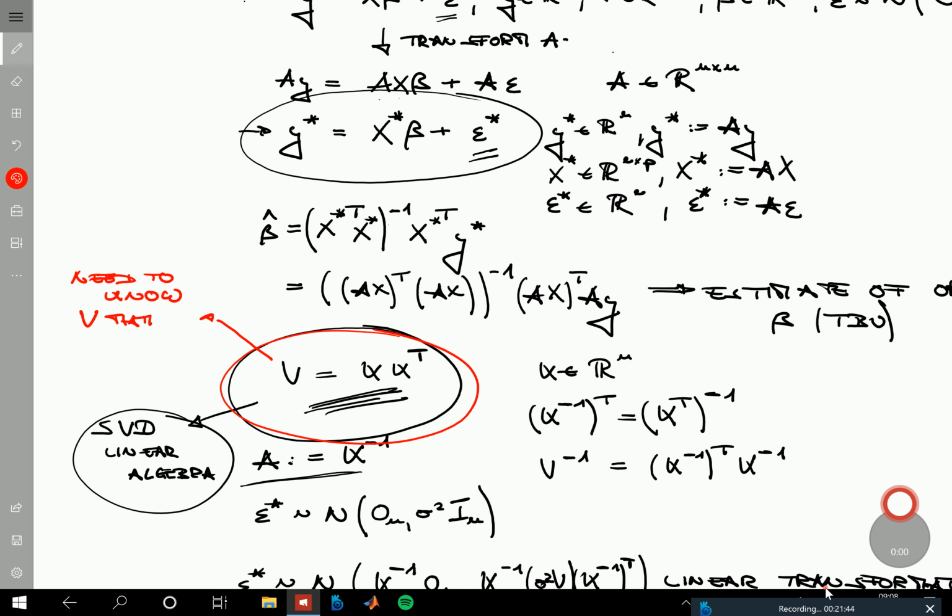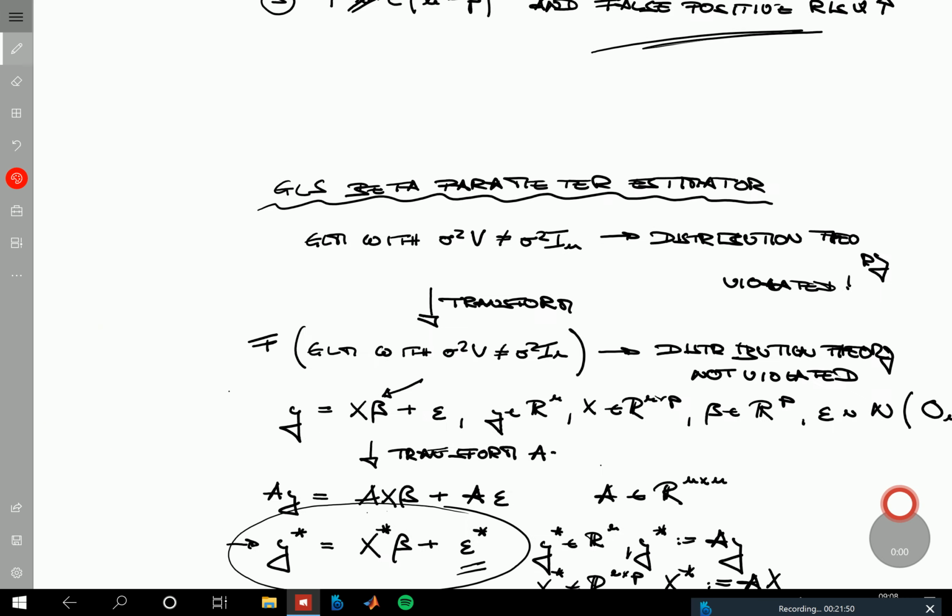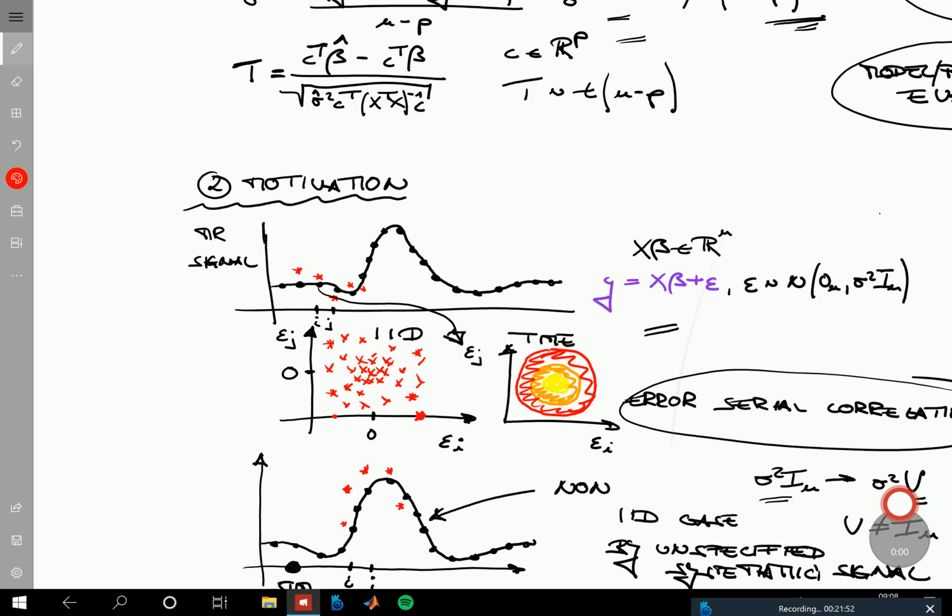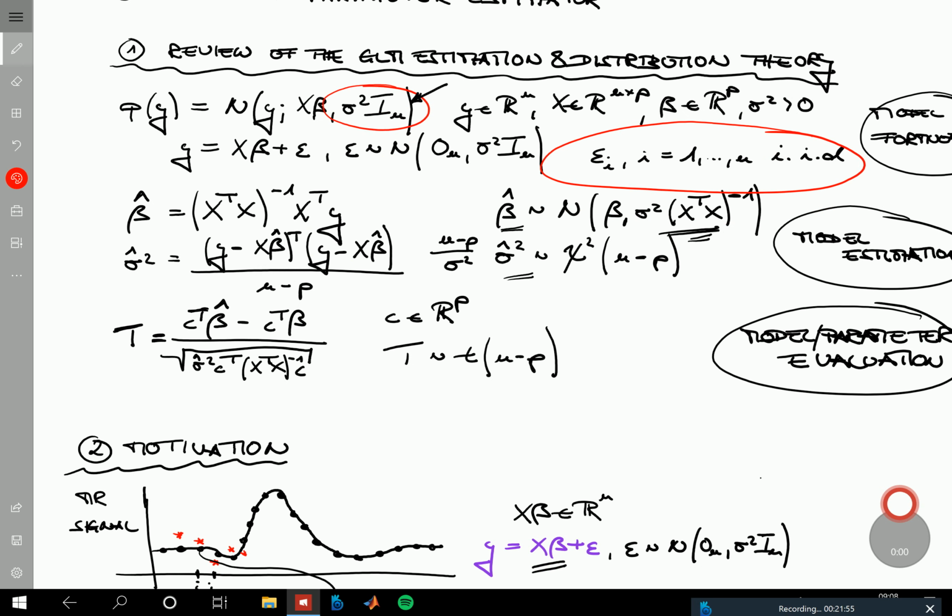idea of data whitening. Now what we have developed so far, if you remember our estimators, we developed estimators for beta hat and for the variance parameter, but we haven't really developed anything that would allow us to estimate this entire thing here.